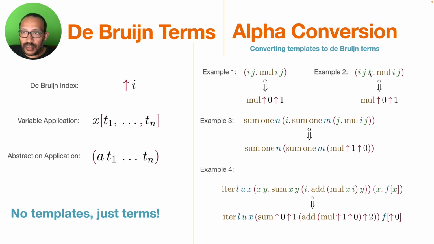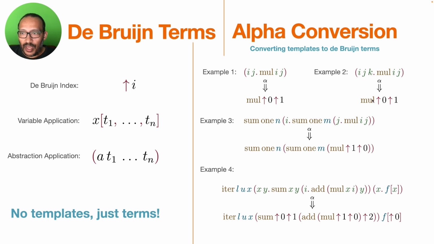Actually, here's another example where we have a bound variable k that doesn't appear in the body of the template, and we can see that the conversion yields the same de Bruijn term as here.